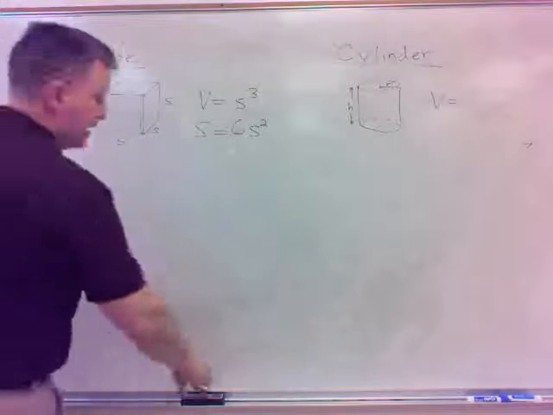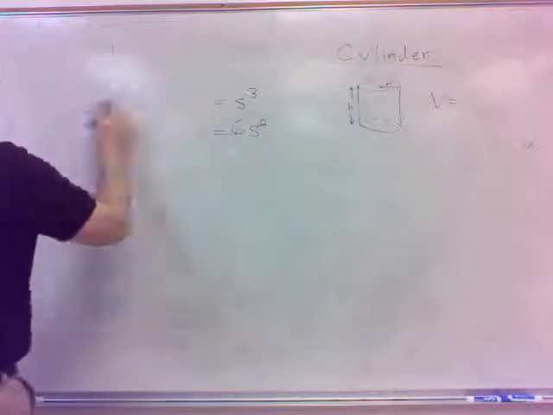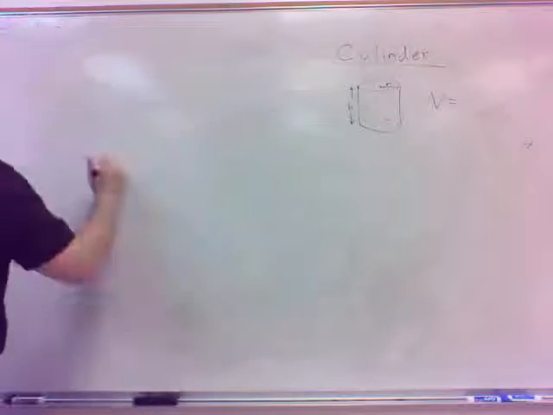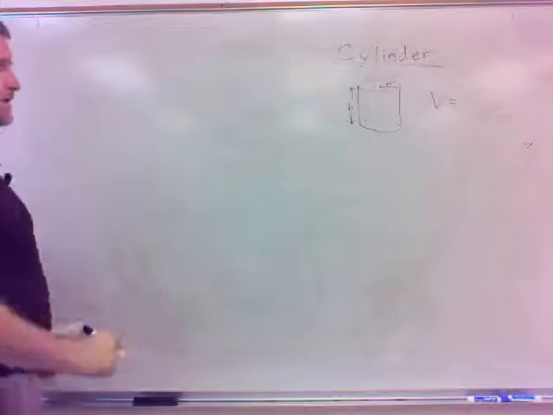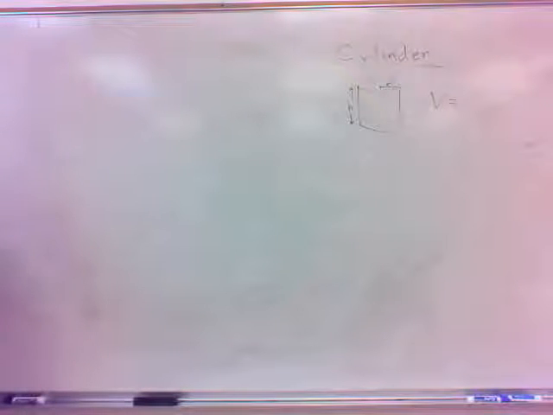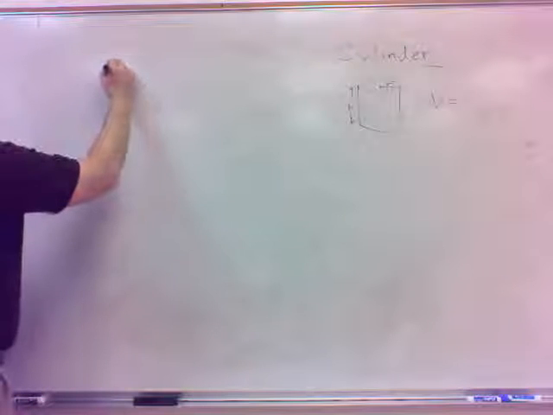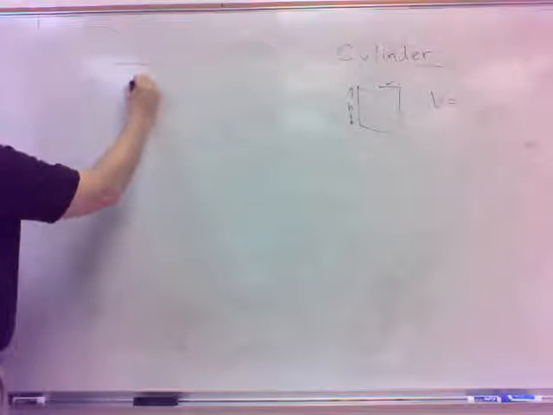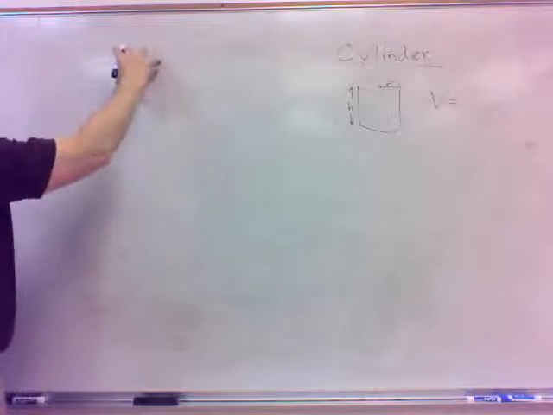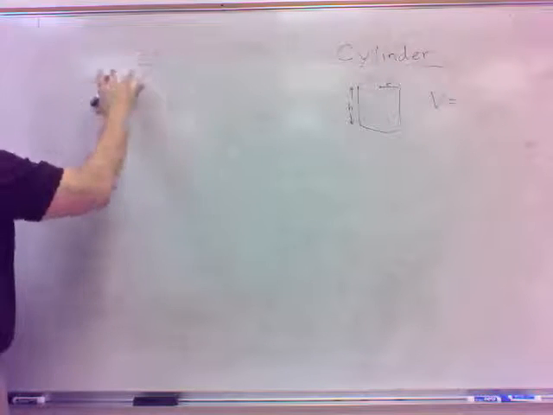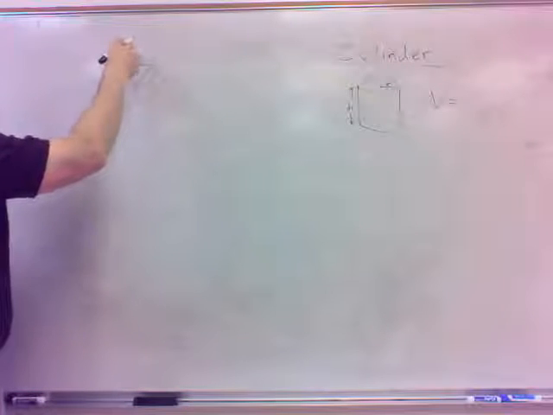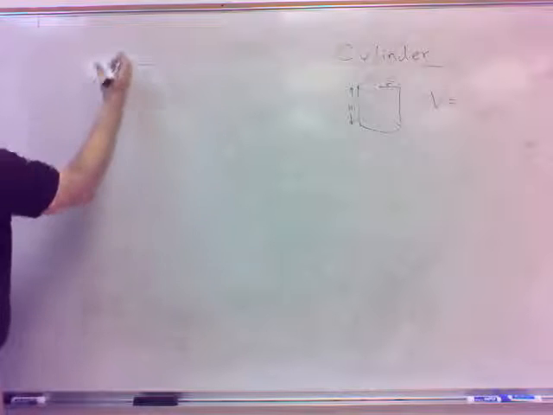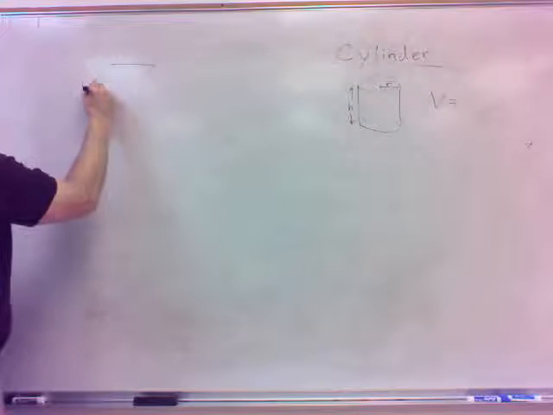Let me try to explain the volume a little bit. Let me go back to the box here. If you think of starting with a rectangle, that's going to be the top.